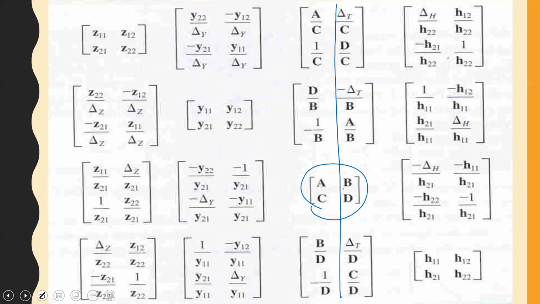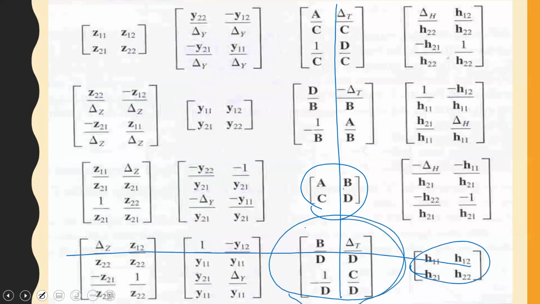Okay, Imani, tell me which parameters you want. Hybrid. Here are the hybrid parameters. So I move horizontally. They intersect at this point. So this matrix will be used to move from transmission to hybrid.